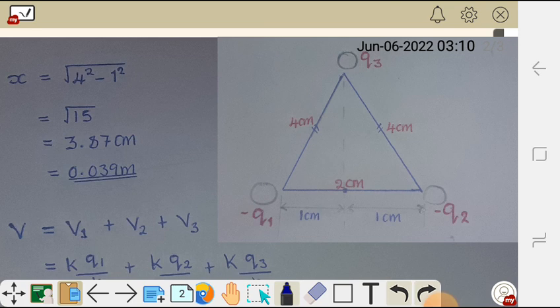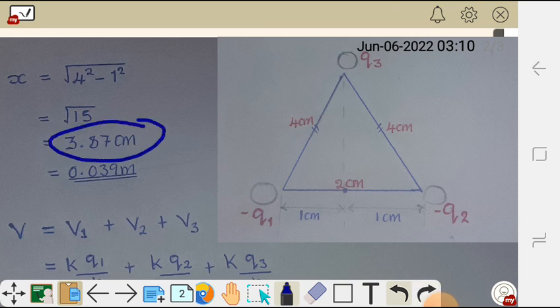We name the unknown distance x. It will be the square root of 4 squared minus 1 squared, where 1 is half of 2 centimeters. That is the square root of 15, which is 3.87 centimeters.